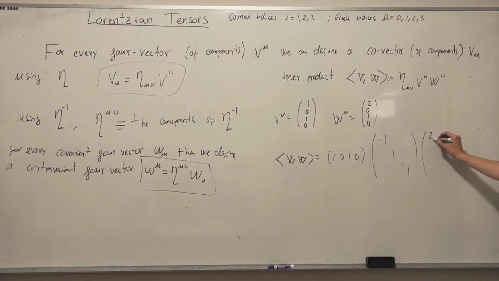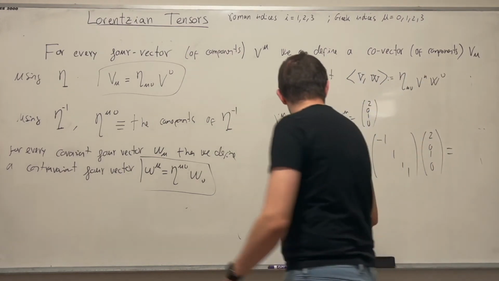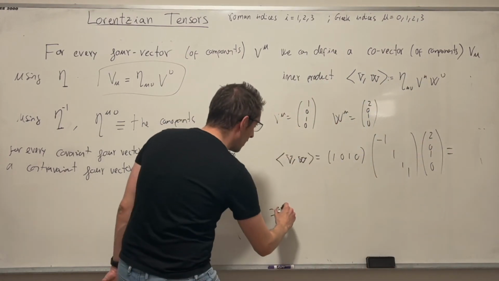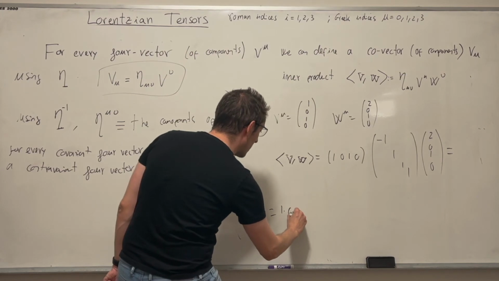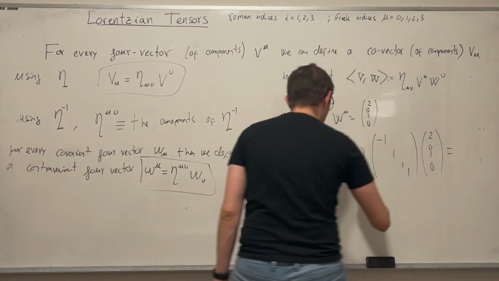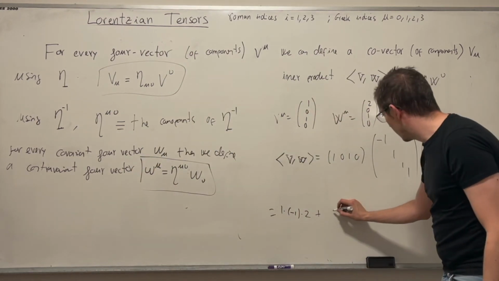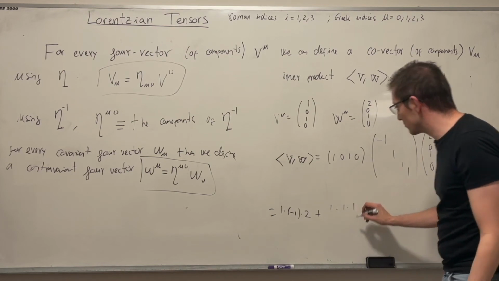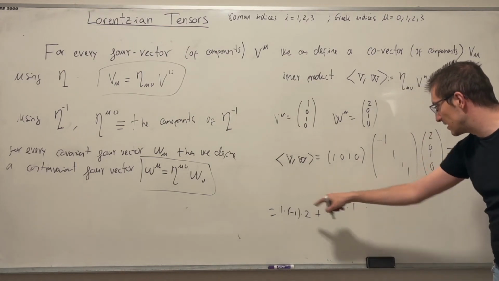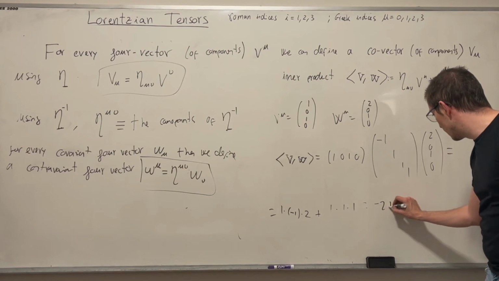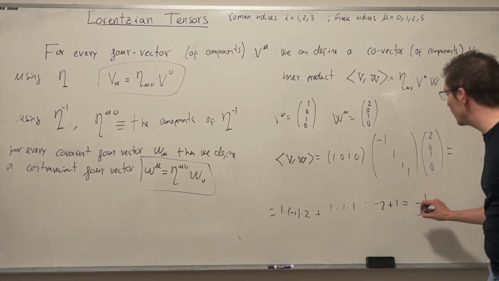And then 2, 0, 1, 0. All right, so if we do that, we get 1 times minus 1 times 2 plus 1 times 1 times 1, because all the other entries are 0. So this thing is minus 2 plus 1, which is minus 1.